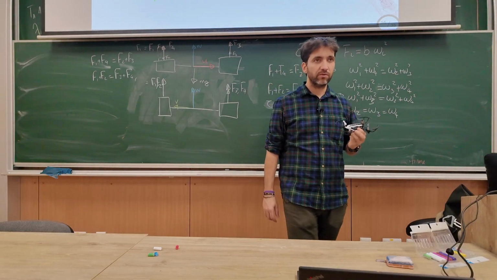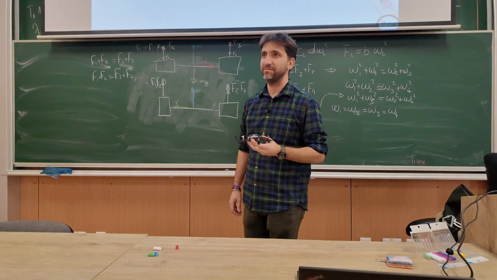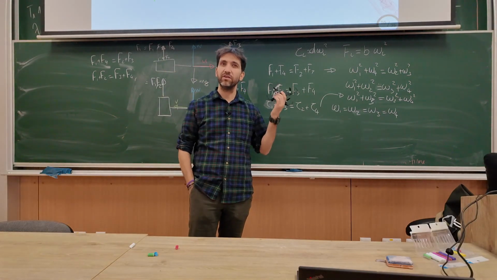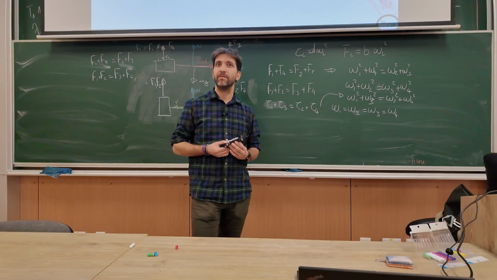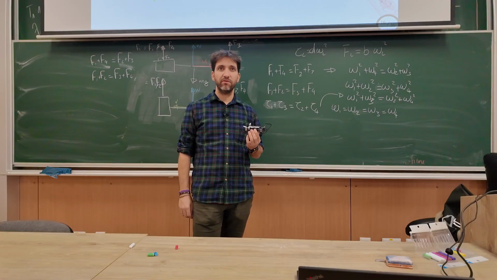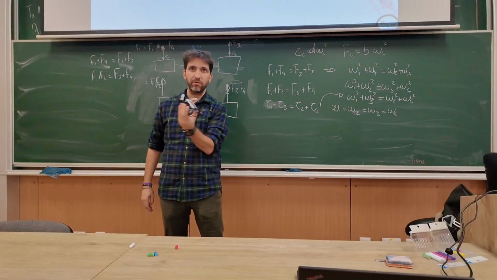So how many degrees of freedom do I have? 6. What was degrees of freedom? How many independent movements do I have here? 4. Because the translation is coupled to the rotation.